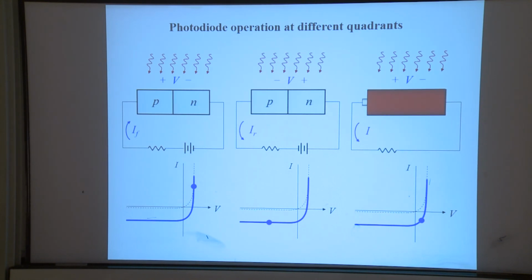Now this looks like a battery. Then we can remove this and still be able to operate it to generate electricity. So what is this? Yes, this is a solar cell now. So the solar cell, we always operate in the fourth quadrant.